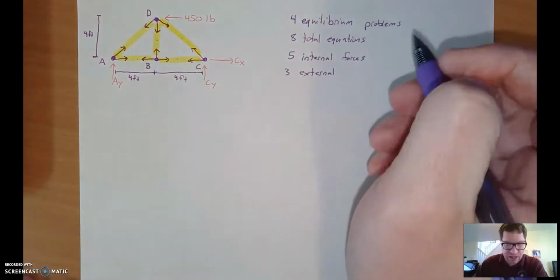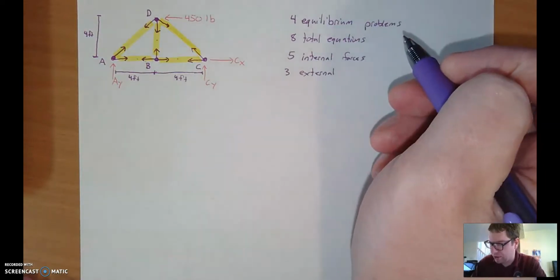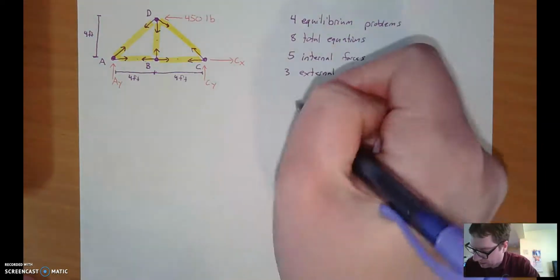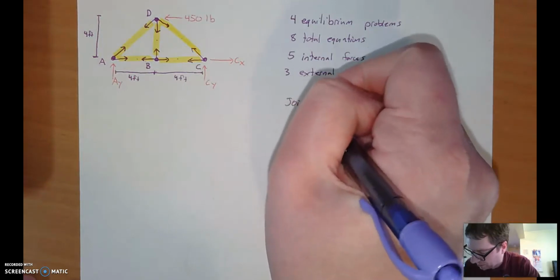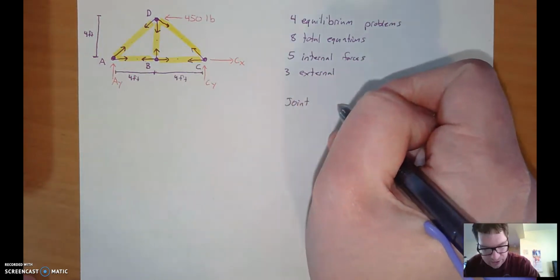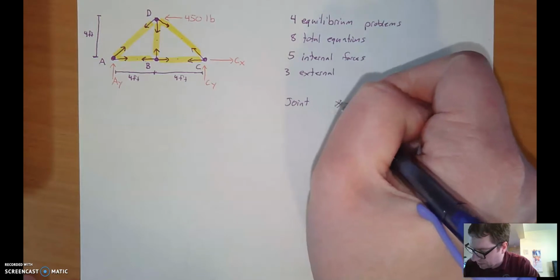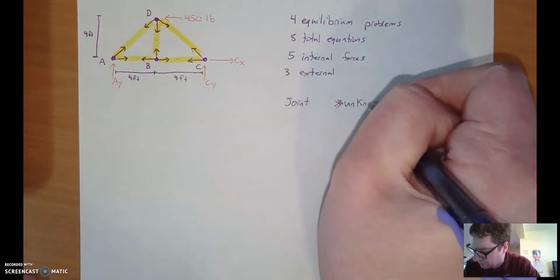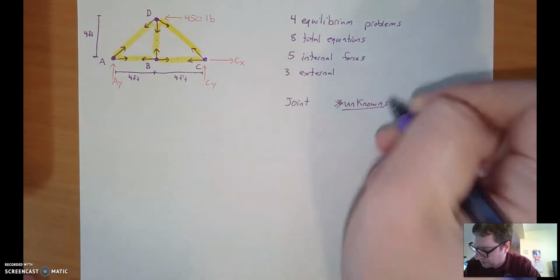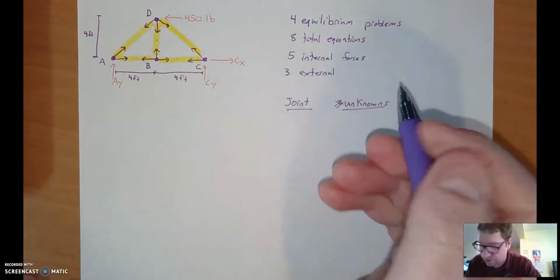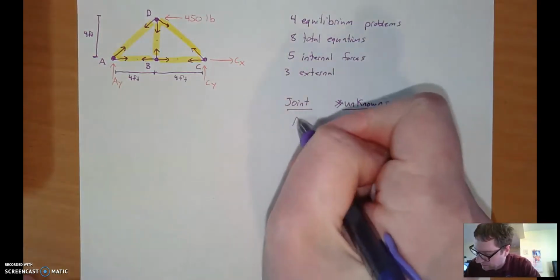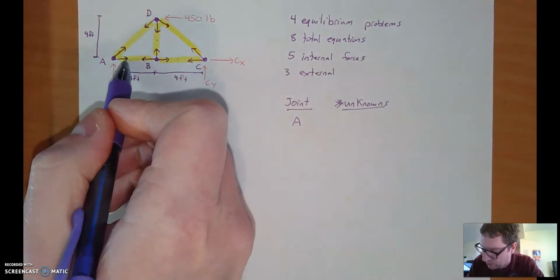So our strategy should be to figure out where to start. We can do that by looking at each joint, because each joint is its own free body diagram, and count the number of unknowns at that joint. What we're looking for is a joint with only 2 unknowns. So at joint A, we have 1, 2, and 3.